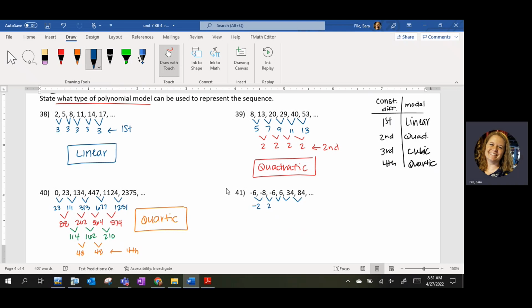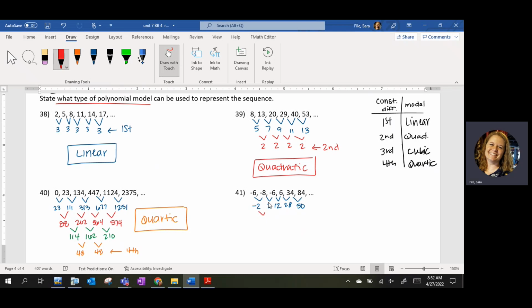And then 6 minus -6 is 12. And 34 minus 6 is 28. And then 84 minus 34 is 50. So definitely not the first difference.